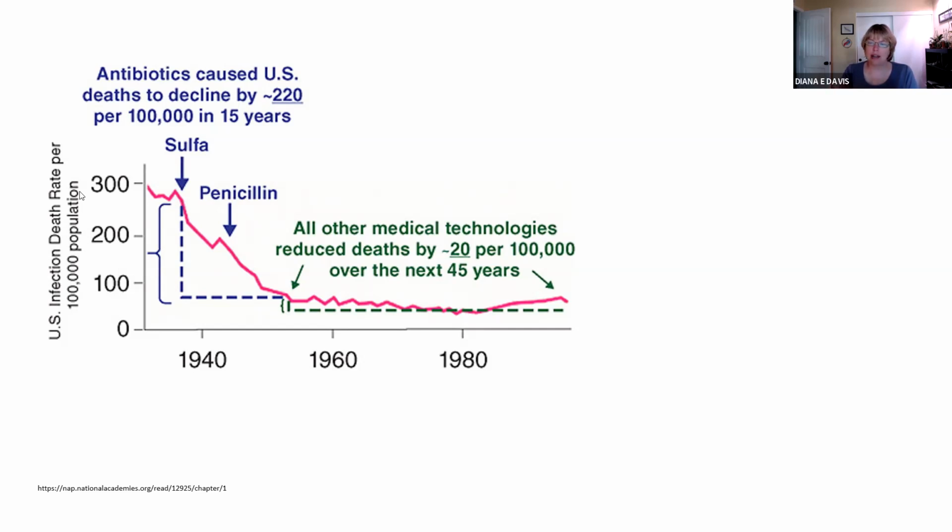So this is a graph looking at the number of infections that caused death per 100,000 people in the US. This is adjusted for the changes in population size, so it's kind of like a percentage of the population that died from bacterial infections. As we can see, in the 1920s and 30s, here's our level up here.